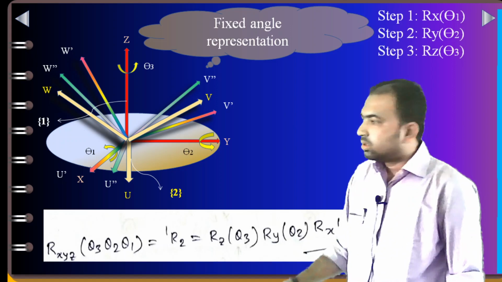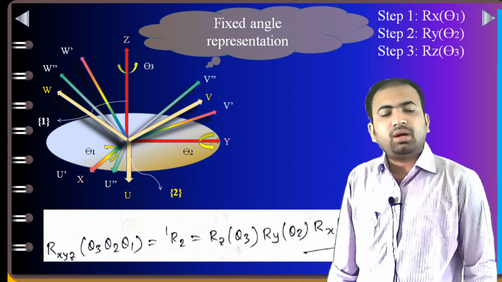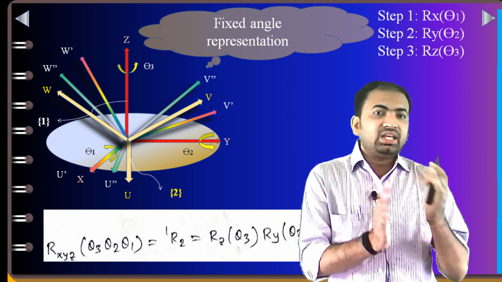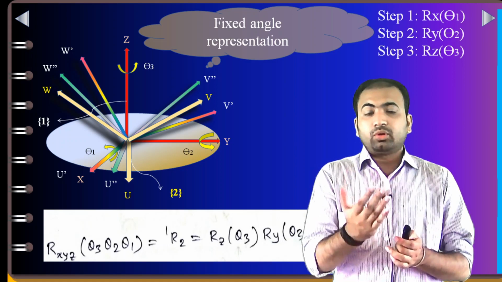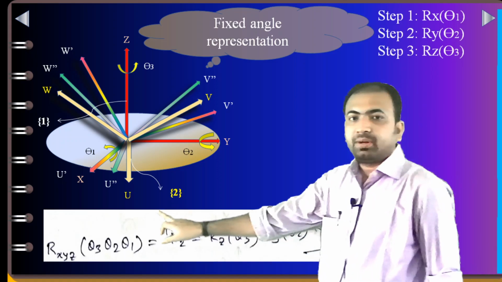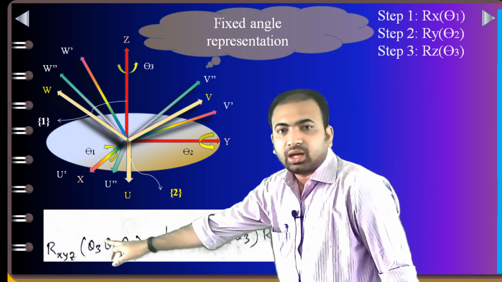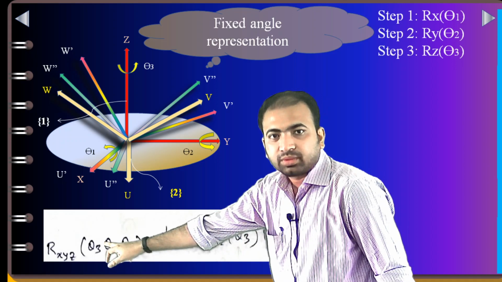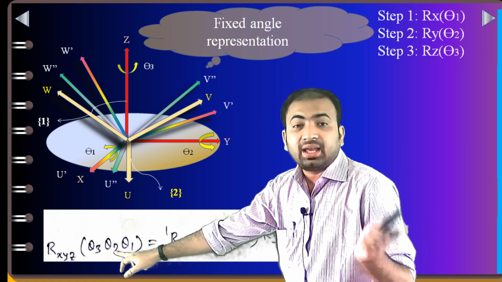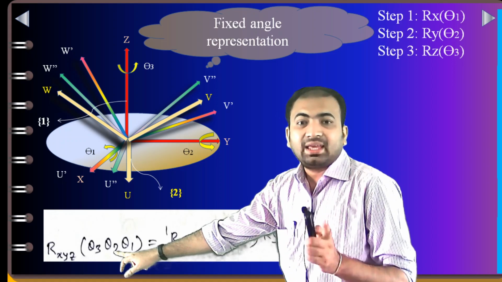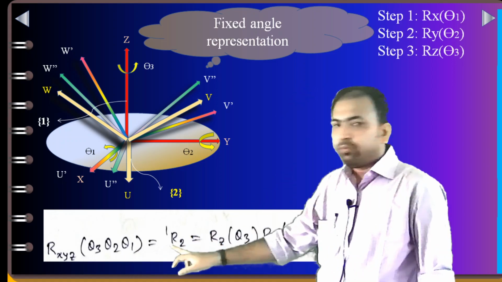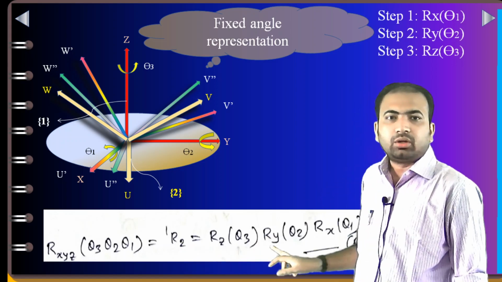Next, we need to remember one thing: the angle rotated last, that is, we rotated the z axis by an angle theta 3, has to be represented in the bracket and will come first. Then we will have theta 2, and the first rotation, of the x axis by an angle theta 1, will come at the end. So we have to follow the same order here also.